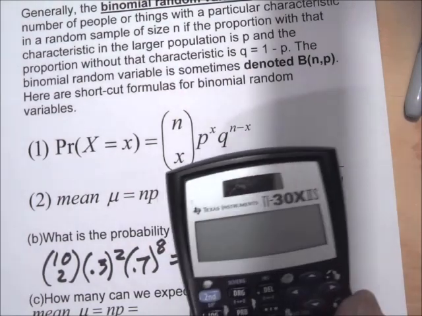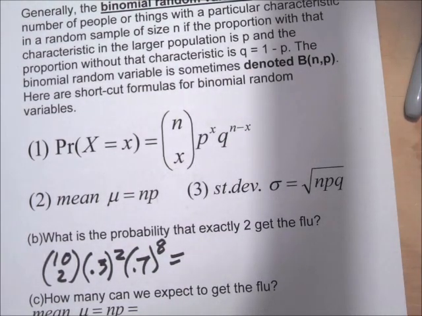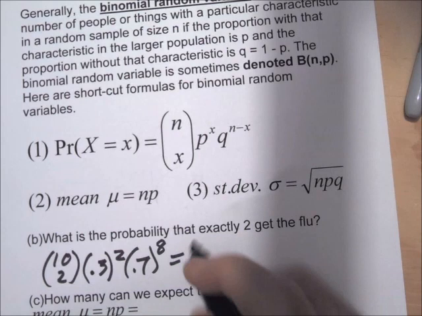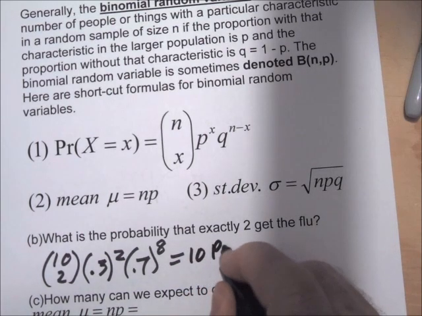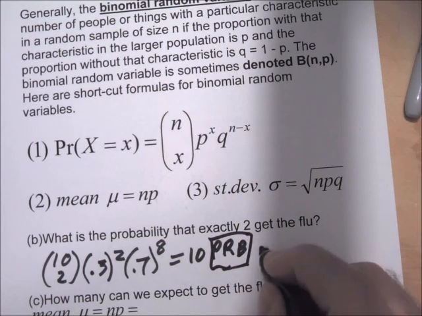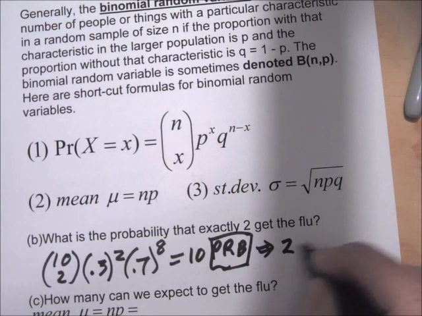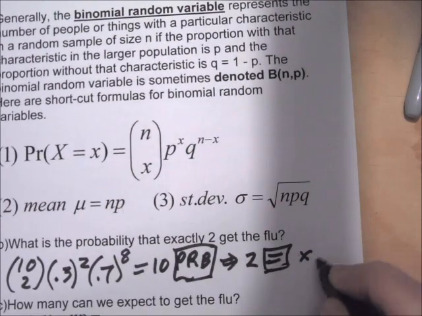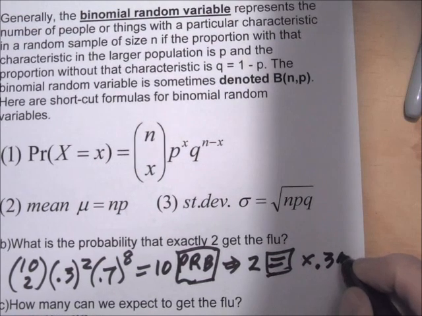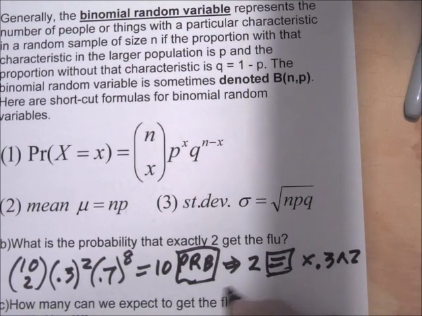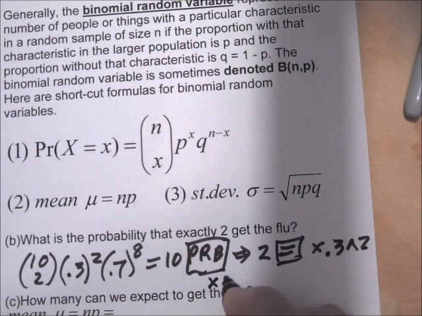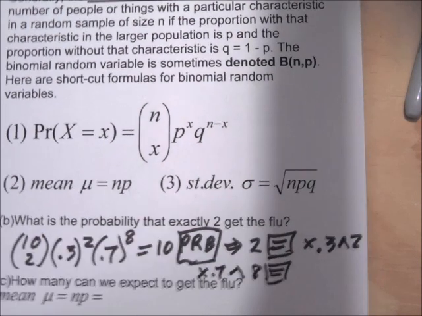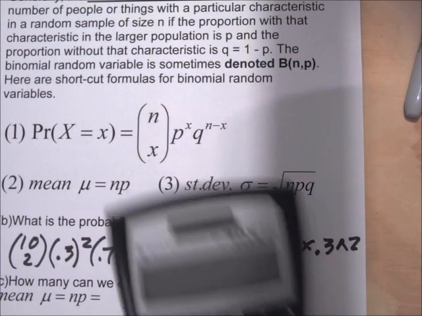It's 10, the PRB, right arrow, 2, equals, times 0.3 exponent 2, times 0.7 exponent 8, equals. And that should do it.